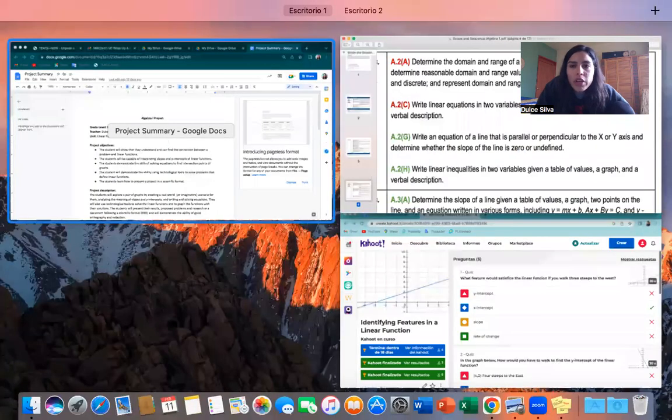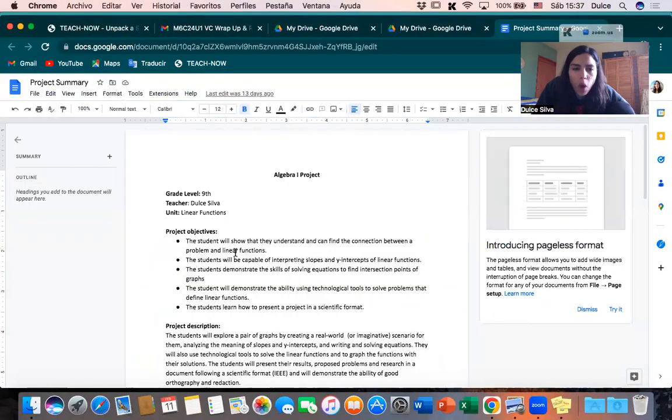For example, here I have one project where the students have two linear functions, and they have to describe a problem, a linear problem, to make a relationship between this graph and the problem. The student has to give an equation for this graph and solve the linear equation.